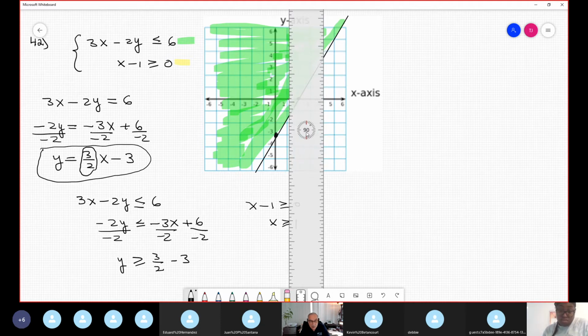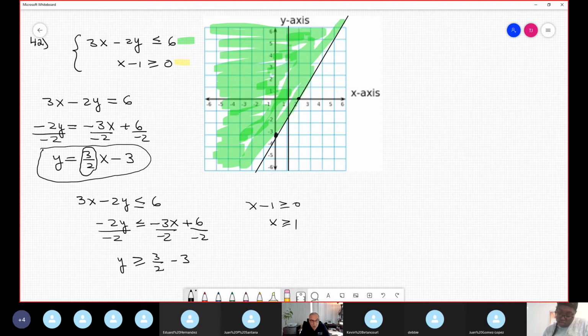Okay, and it's obvious. In this case, you shade the region to the right because it's greater than. Something like that. Well, now what is the intersection, the common part between yellow and green?